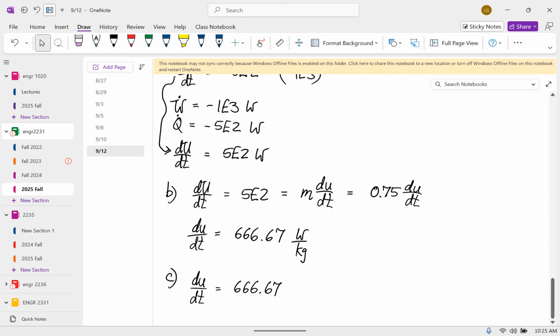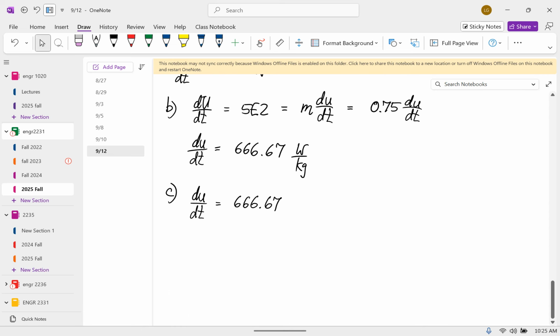The way we're going to solve this is you can think of it as integrating both sides. This is called separation of variables, and you can do slightly more complicated differential equations with the same technique. But I'm going to multiply both sides by dt.